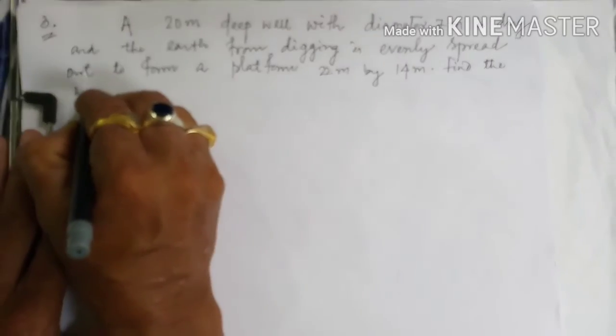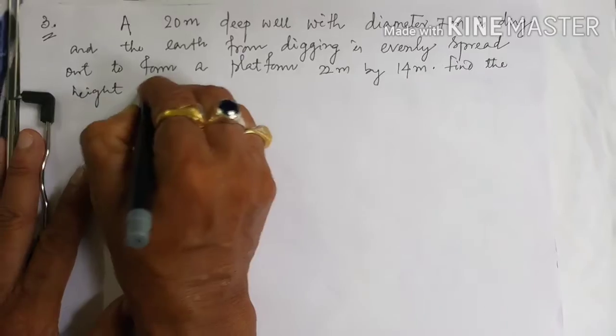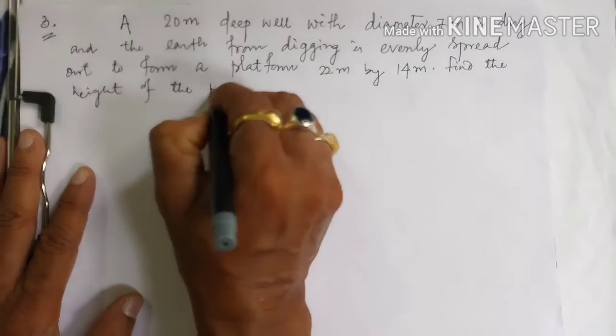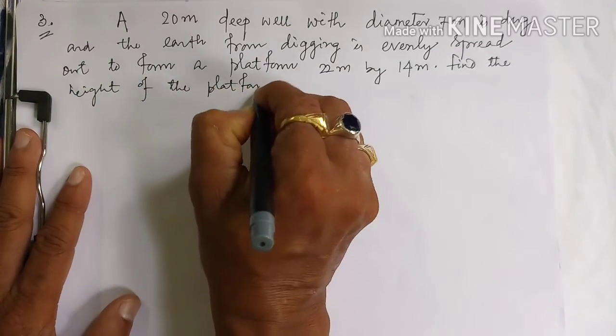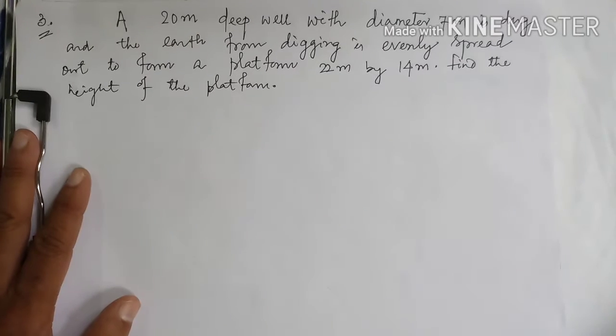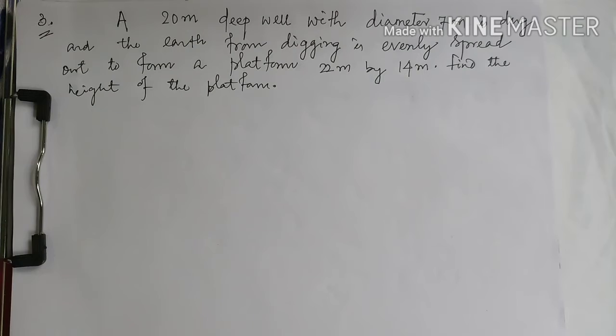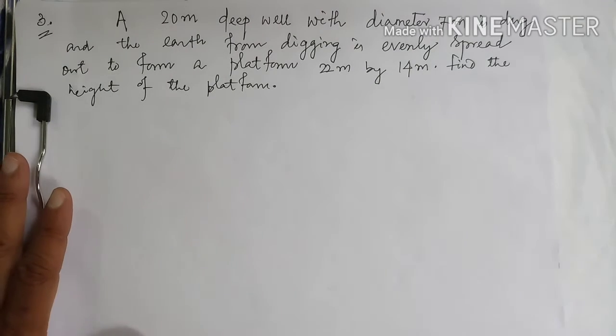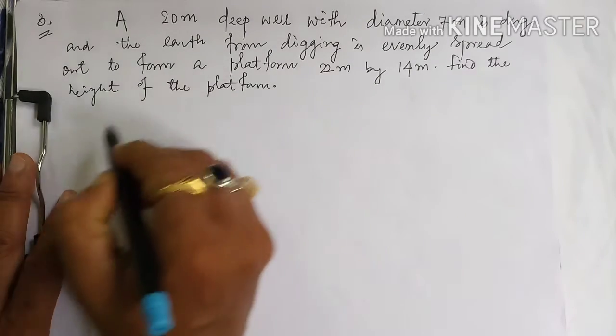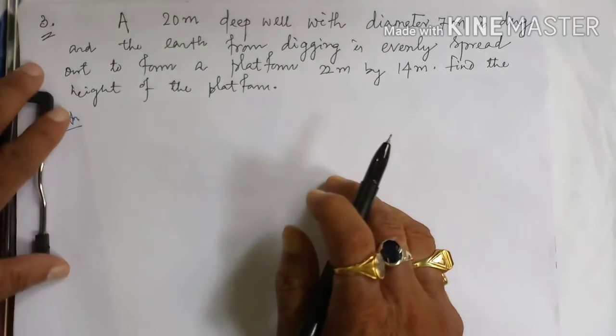Find the height of the platform. Okay, now you have to calculate this, a 20-meter deep well.